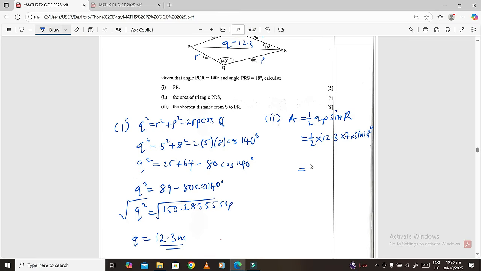So this is 26.606363322 divide by 2. So when we divide by 2, this of course is coming out to be equal to 13.3 meters squared. So this is our answer for question 2.